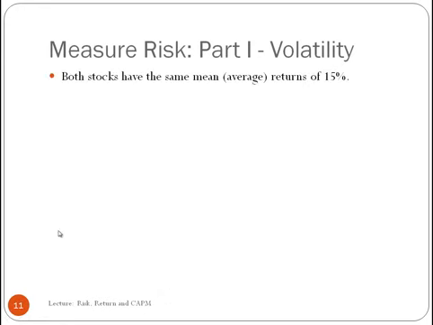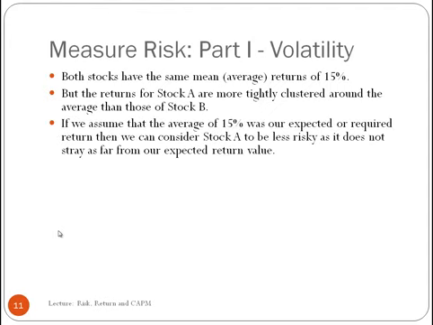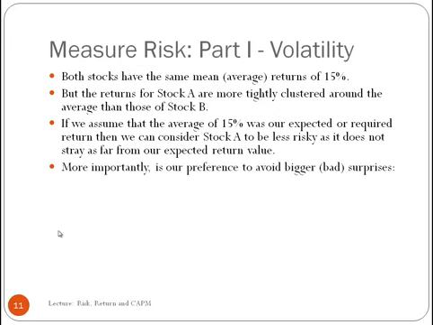So now, just to recap this, both stocks have the same average. They're both at 15%. And the returns for stock A are more tightly clustered around the average than those of stock B. So if we assume the average of 15% was our expected or required return, then we consider stock A to be less risky as it does not stray as far from our expected return value.